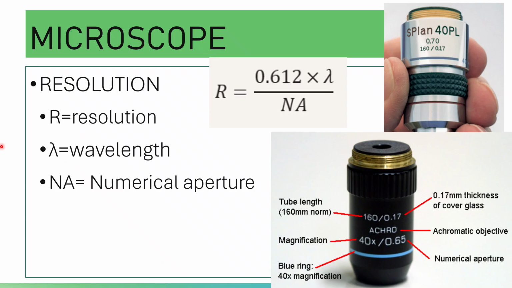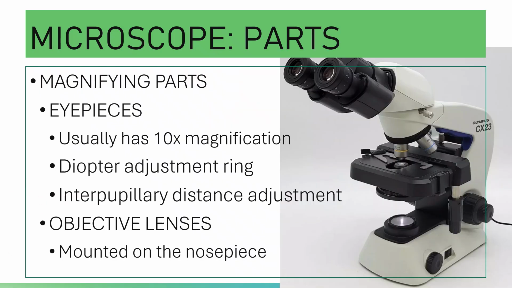Please note that the quality or the detail of the image is affected by the wavelength and the numerical aperture. Let's take a look at the magnifying parts of your compound microscope. As we said earlier, you have a two lens system: the primary and the secondary.